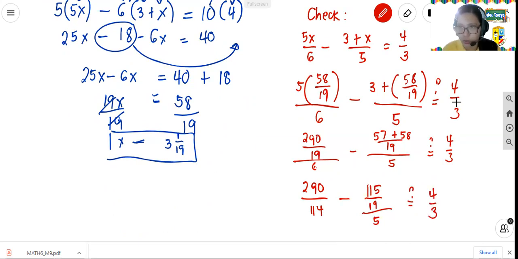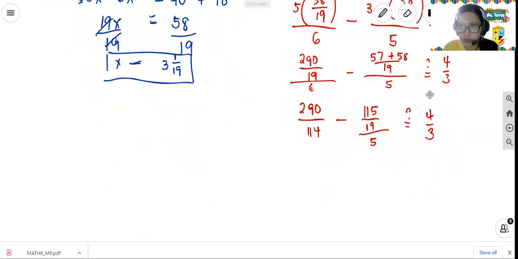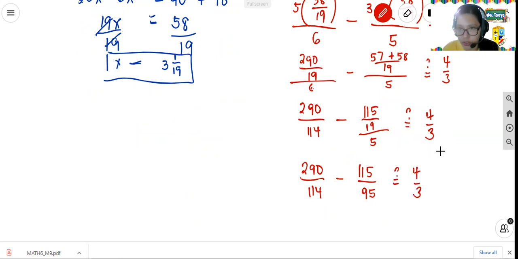Is that equal to 4 over 3? So 290 over 114 minus, 19 and 5 will multiply. So we will have 115 over 95. Is it equal to 4 over 3? Okay.